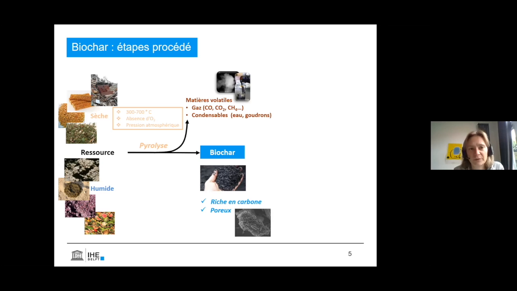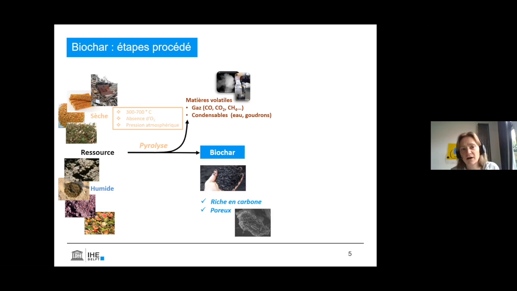Dry resource may be converted by pyrolysis by increasing temperature between 300 and 700 degrees, with no oxygen in order not to have combustion, and of course at atmospheric pressure.